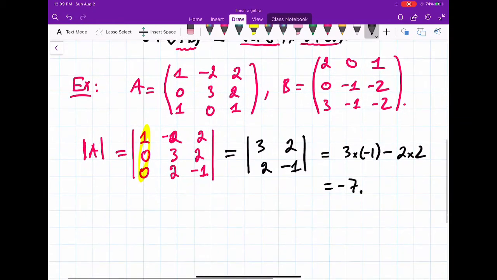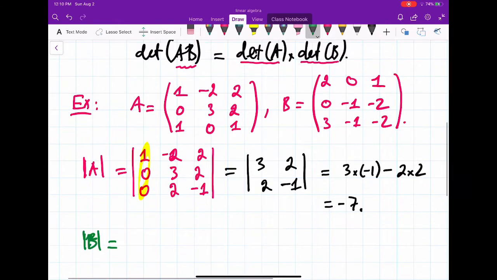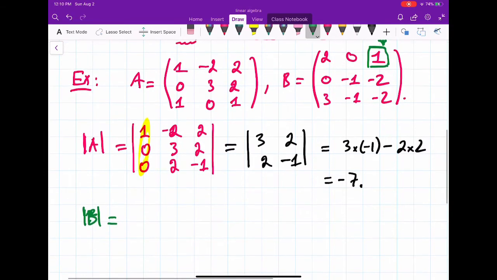And then you can find the determinant of B. Again, you can see 0 in B, right? But now I will use column operations because I see 1 here. So I multiply the third column by -2, add to the first. Don't forget that when you solve a system of linear equations, we don't have the right to use column operations.